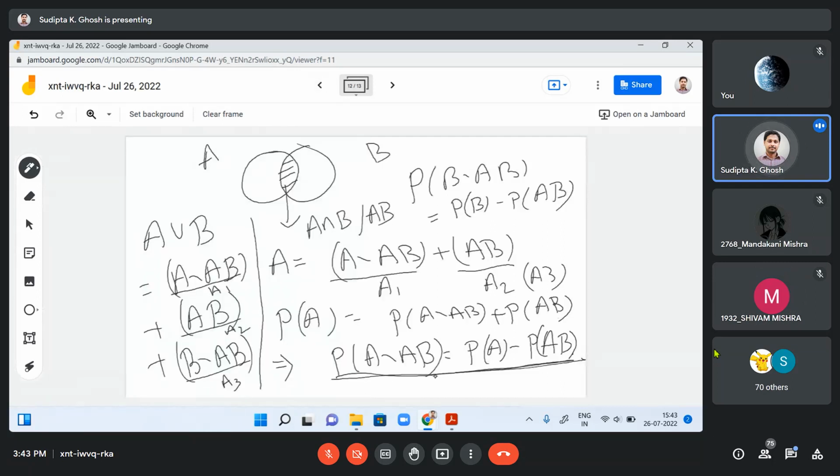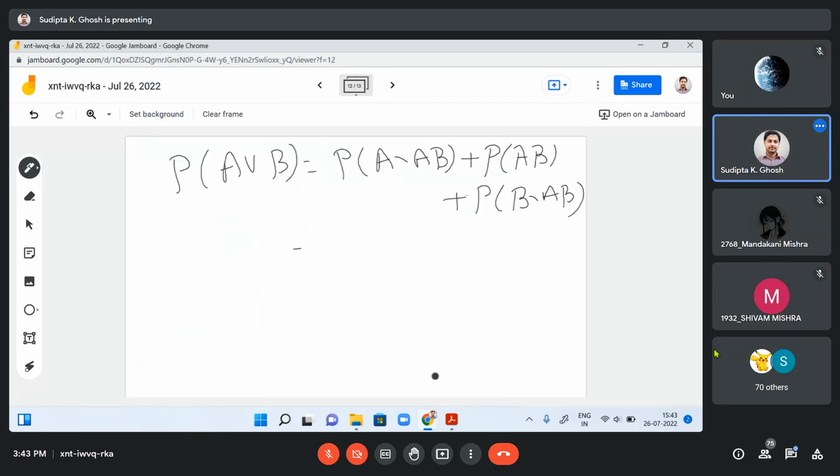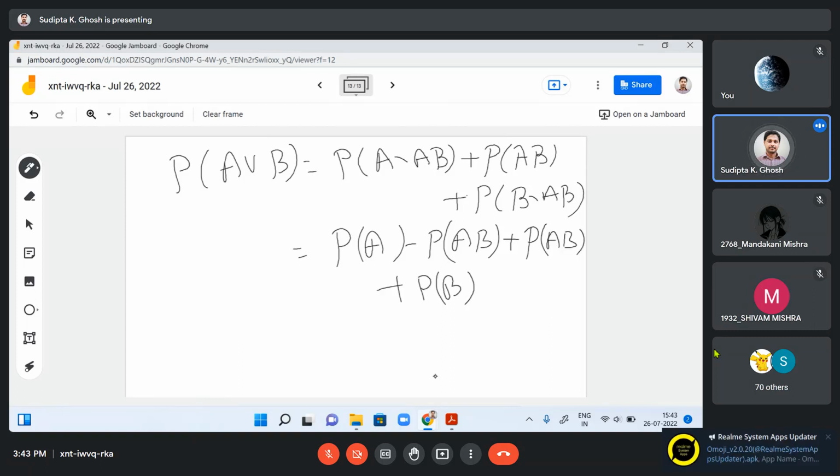That is probability of A minus probability of AB, plus probability of AB, plus probability of B minus probability of AB.